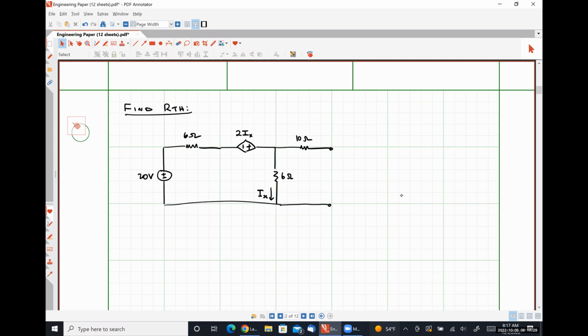So how do we find our Thevenin? Well, what we learned on Friday is that we look into the open circuited terminals of our dead network to find the Thevenin equivalent resistance, all right?